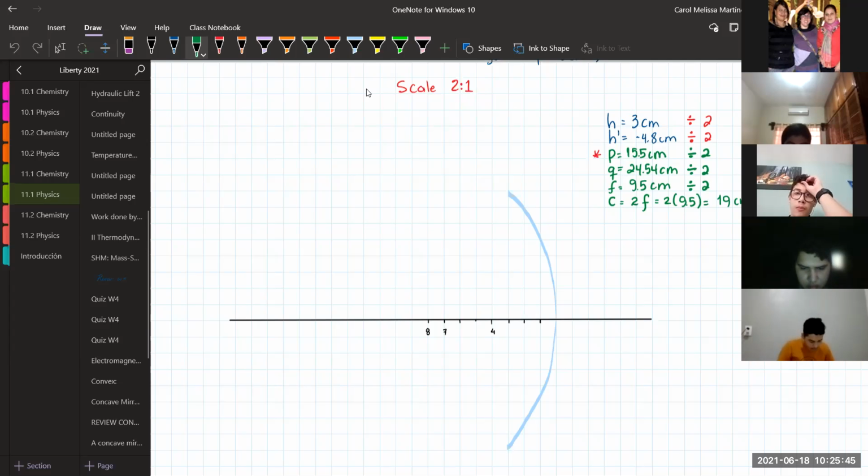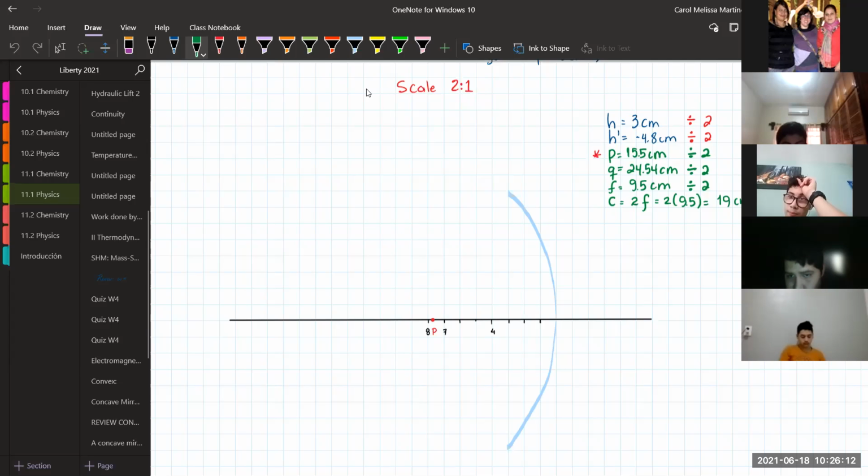So more or less, my point P is going to be here. That will be my point P, between 7 and 8, closer to 8, because if I round it, it's going to be closer to 8 than to 7.